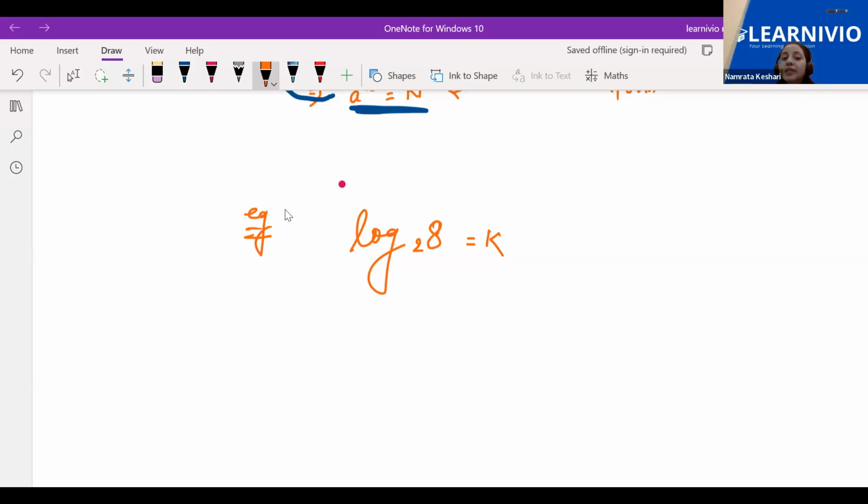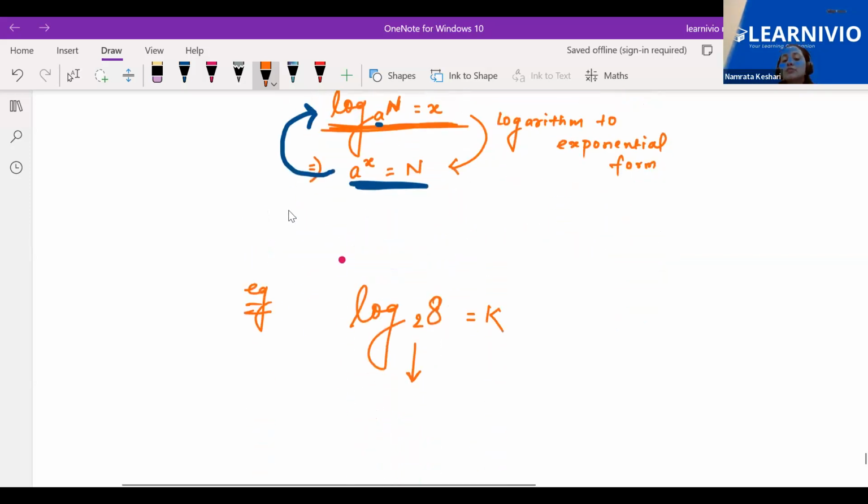If we write it in exponential form, just as we discussed, whatever is the base takes the power from the other side, and 8 will be there. Yes or no? Yes. Can you see now it is possible to take out the value of k, Annapurna? Yes. What will be the possible value of k?